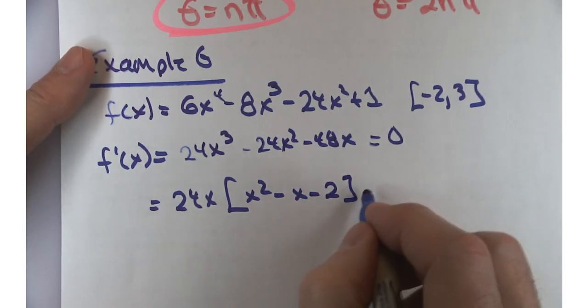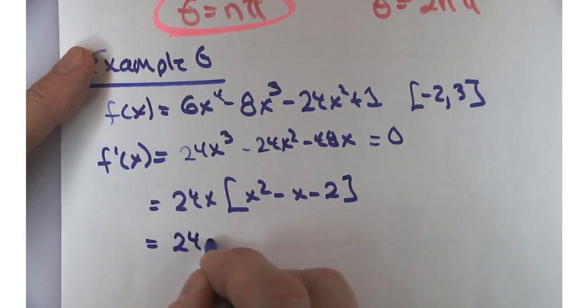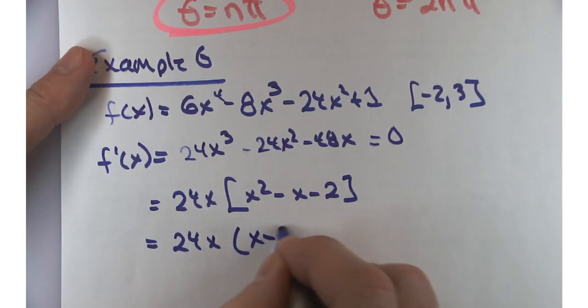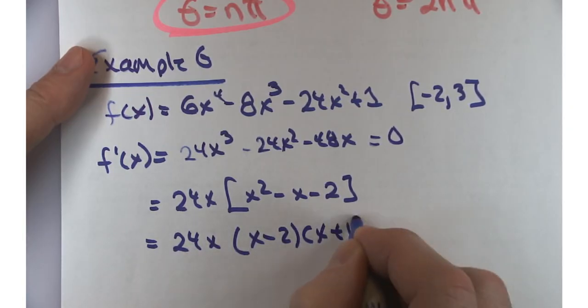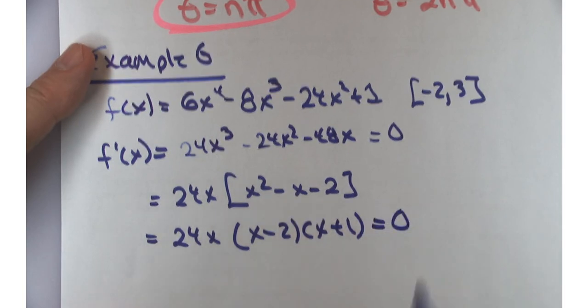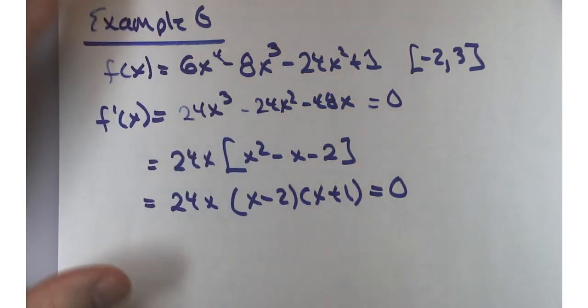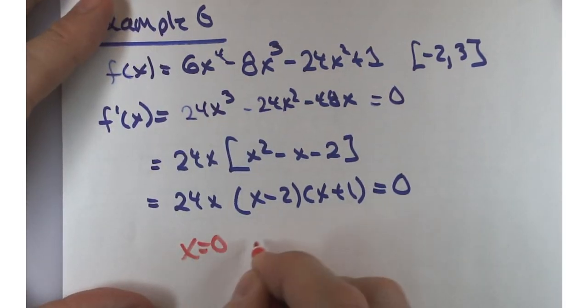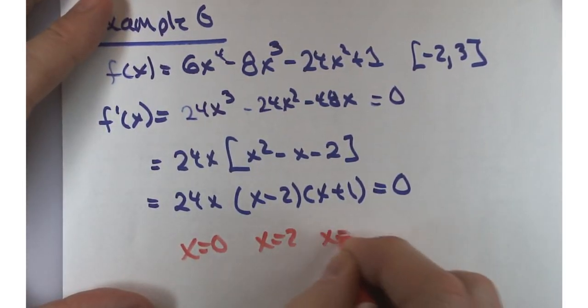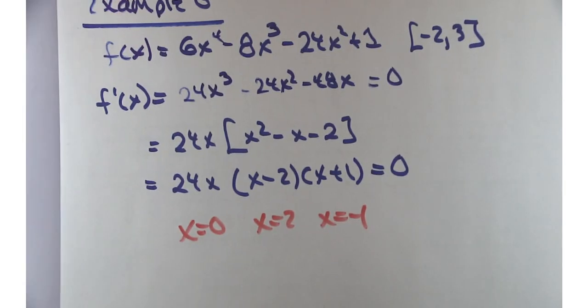And that factors a little bit further: x minus 2 times x plus 1. So where's this thing actually equal to 0? What's the solution to this? Nice. So there's where it's actually equal to 0.